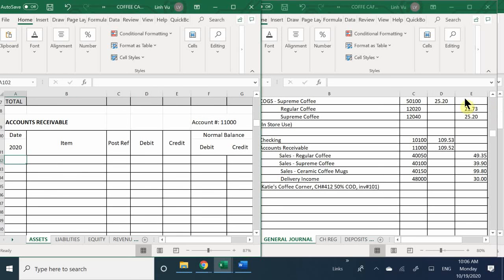Okay, so Lynette, what we're doing is we're transferring everything that we wrote in our journal into our ledger, following exactly how we journalized it. I just finished my checking, so the next one I'm going to do is my accounts receivable. I'm going to put the date here. What are we going to place here?